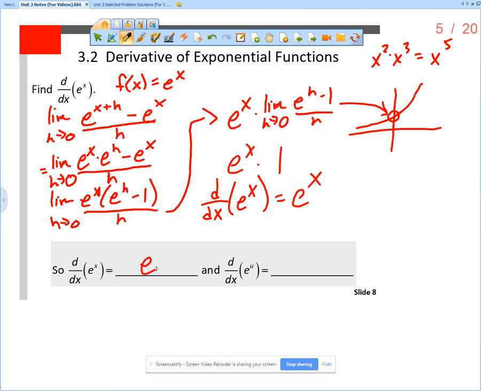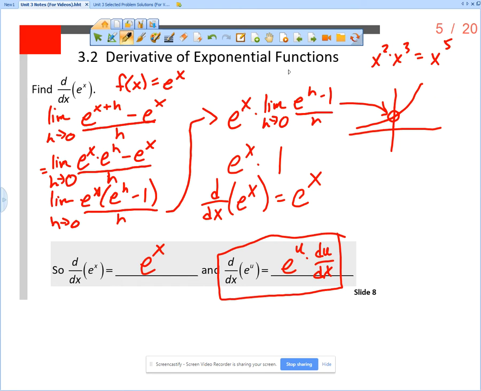Very simple. So what does that mean about the derivative with respect to x of e to the u? Well, very simple. It's e to the u, and then apply the chain rule, times du dx. That is our rule. This is the rule that we want to memorize for the memorization quiz.